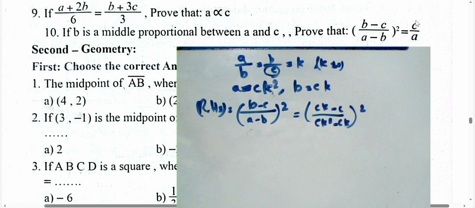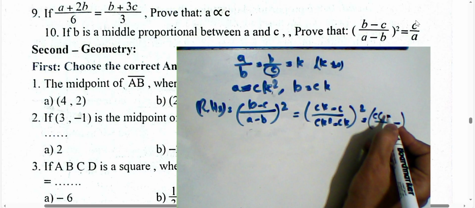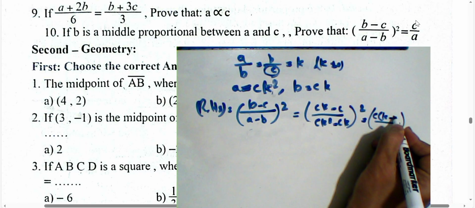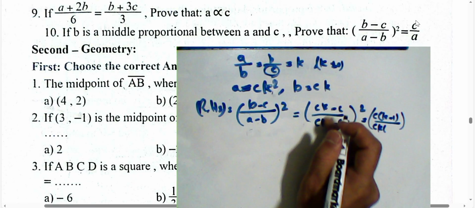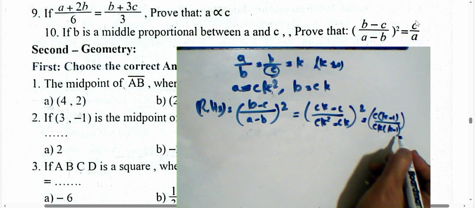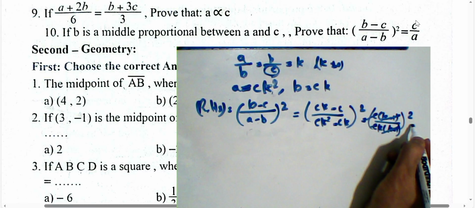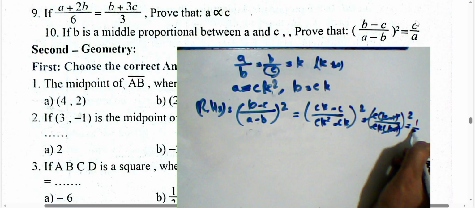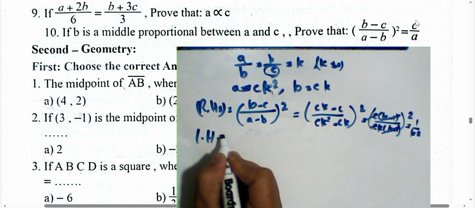We can write the highest common factor between two terms here. It will be c. ck times c equals c(k minus 1) over ck, the highest common factor. ck power 2 divided by ck will be k minus 1, all power 2. Cancel these brackets by these brackets and c by c, then the answer will be 1 over k power 2.